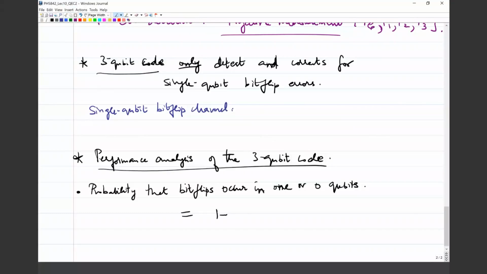This is a channel with Kraus operators: square root of 1 minus p times identity, and square root of p times X. These are the Kraus operators. And then the 3 qubit channel is simply the tensor cube of this, with all possible combinations. Remember, we wrote down all of this in the last lecture. I don't want to rewrite all of that again.